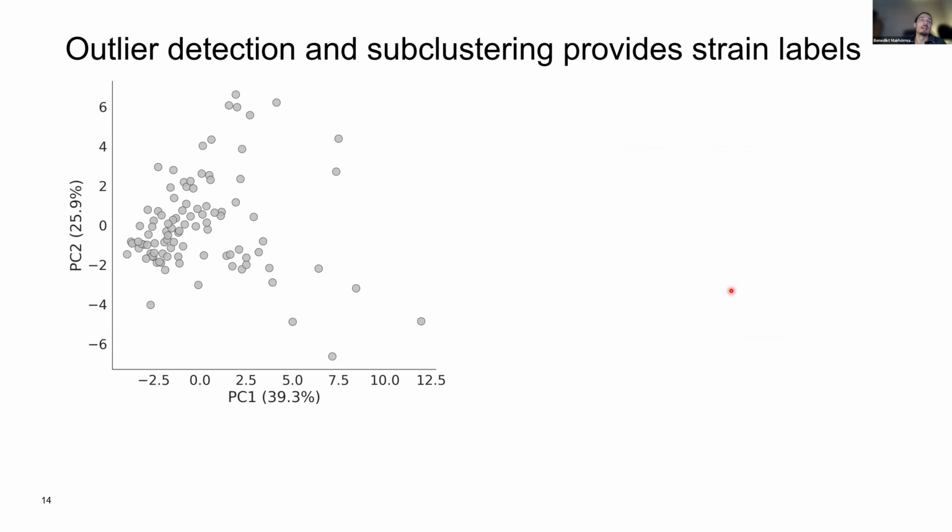So I, again, because this is high dimensional data, did some dimensionality reduction, this time linear with PCA. So here you can see each data point representing one strain. What we did next was to detect outliers, so to detect strains which show an abnormal cell cycle progression with a statistical method.